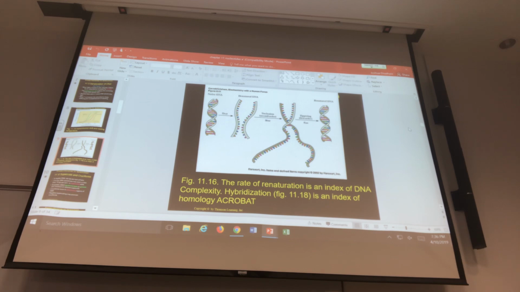We do these homology experiments to make evolutionary trees. When we're comparing organisms to each other, we see how well their DNA strands simply bind together. If they don't bind very well, if they poorly hybridize, they are very different organisms at the genetic level. If they have a good hybridization, they are usually very similar in terms of evolutionary information.